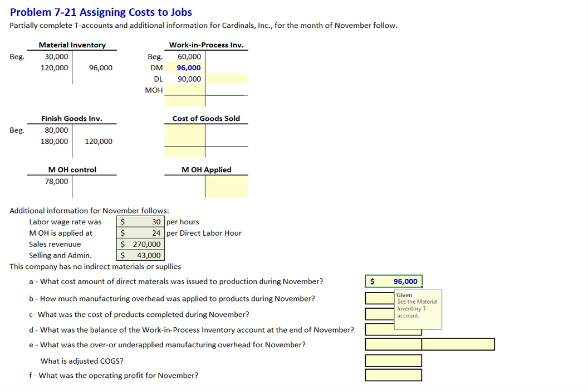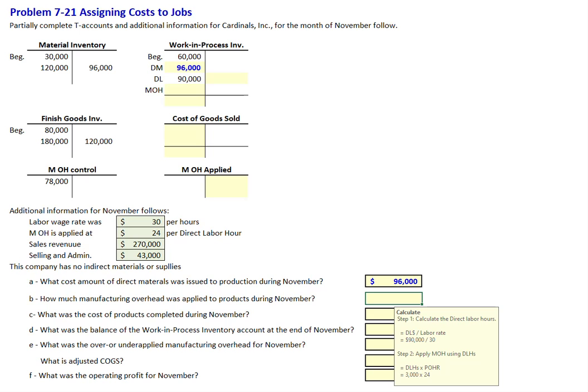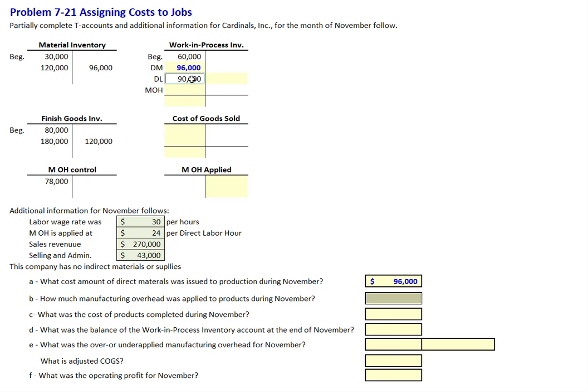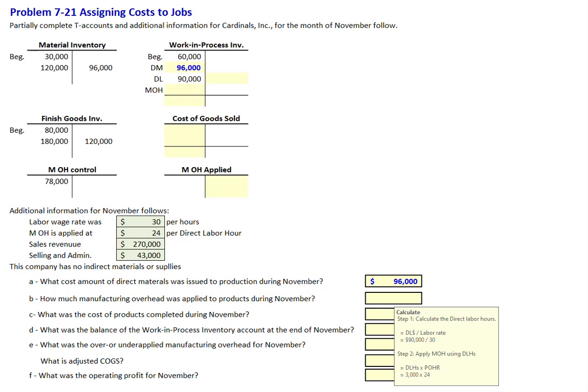Our next question is, how much manufacturing overhead was applied to production during the month of November? We're going to need to go through a two-step process to calculate this. First thing we have to do is calculate the direct labor hours because we're applying manufacturing overhead on the basis of direct labor hours. So we can take the $30,000 in direct labor cost divided by our labor wage rate, and we will get 3,000 hours.